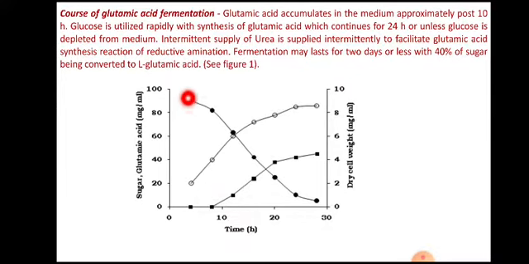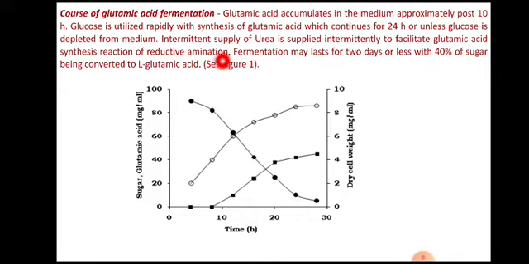We can see here the concentration of sugar getting depleted, decreasing, and there is synthesis of glutamic acid following. This is the logarithmic growth phase, so these are synthesized during the active growth phase.